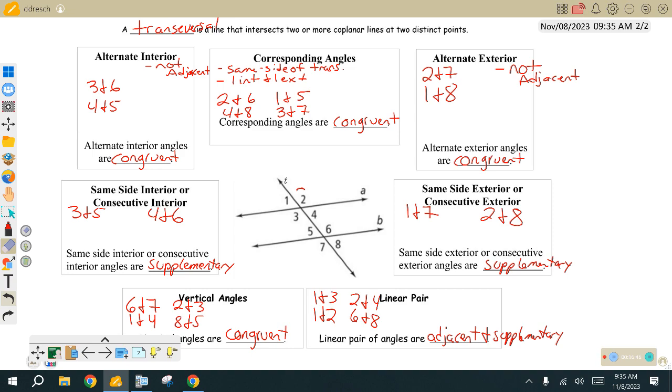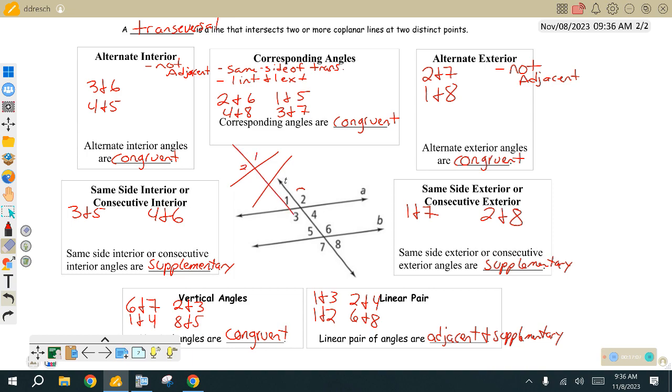Now, I say parallel lines and transversals. These angle relationships can happen when they're not parallel. We could have two lines like that. These are not parallel. They're eventually going to intersect, and I can throw in a transversal.